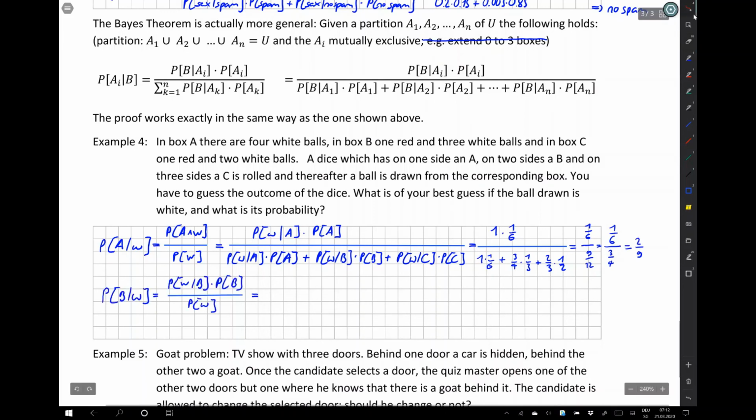So 3 divided by 4 is the probability of getting a white ball in this experiment. The probability that the dice was a B if the ball obtained is white can be calculated as probability of white given B times the probability of B divided by the probability of white, and this probability of white we just said before is 3/4, so we get 3/4 times 1/3 divided by 3/4.